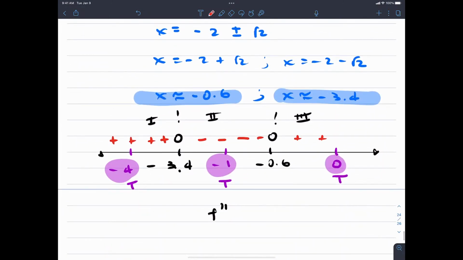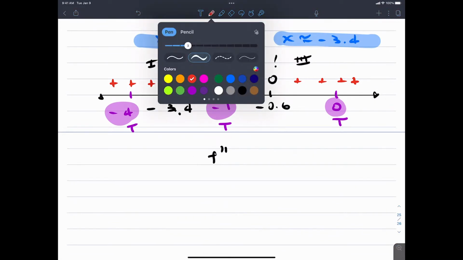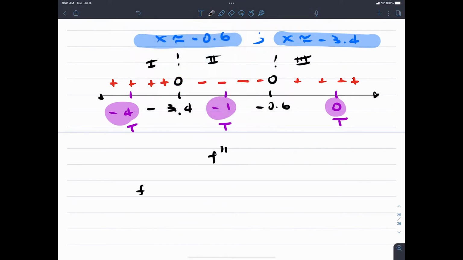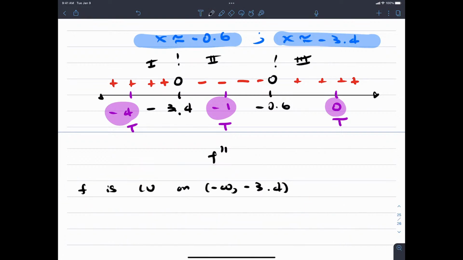Okay. So you guys have all the information about concave up, concave down. Nice. Let's finish this. f is concave up on what interval? Negative infinity up to, you can use the numerical approximation, or you could use the exact value.